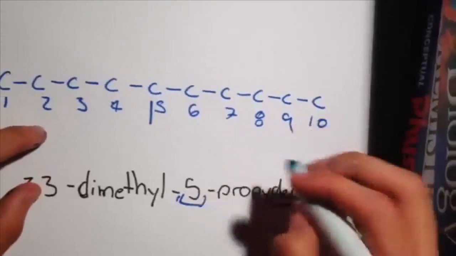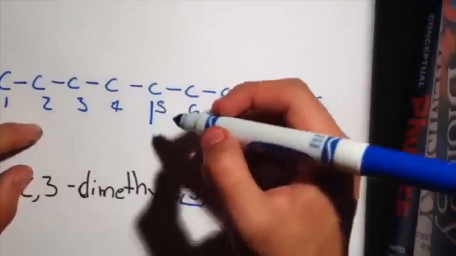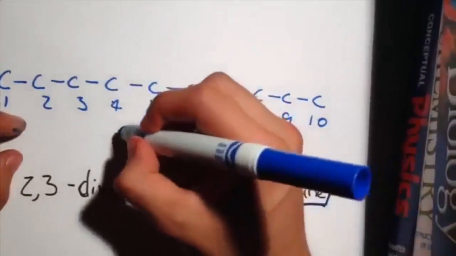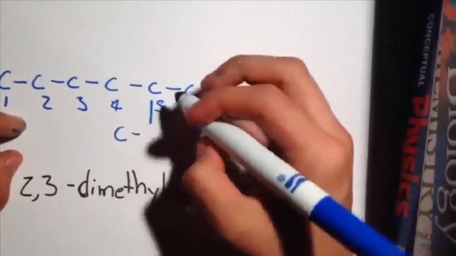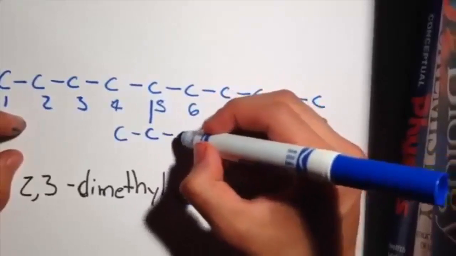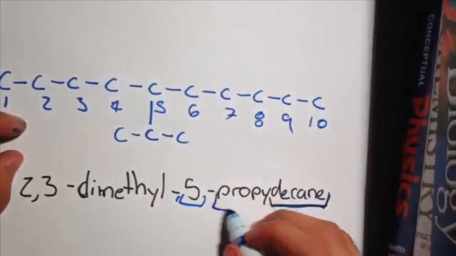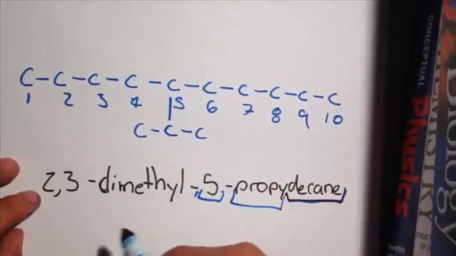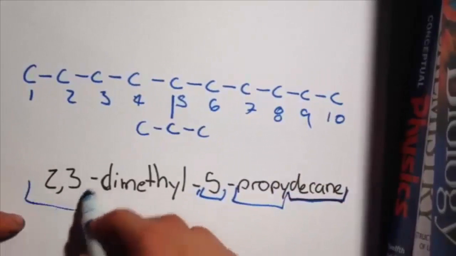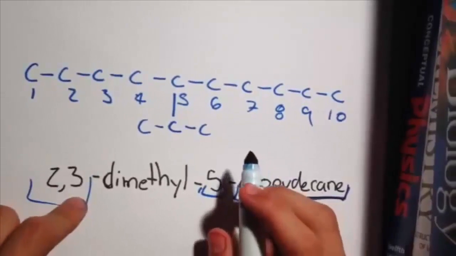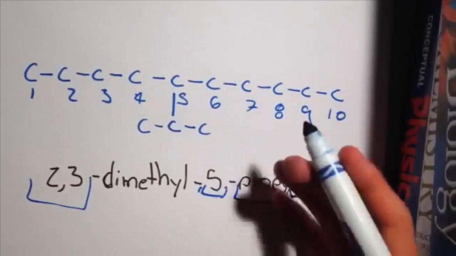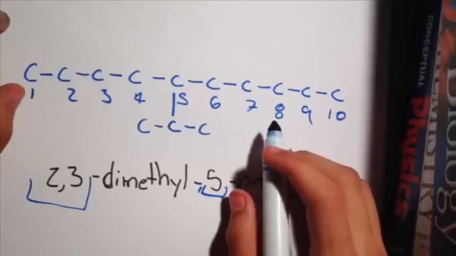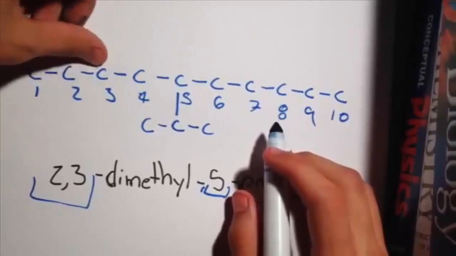Now, to draw an alkane from its name: in this case, I draw the chain and then put 3 carbons at the bottom because it's propyl. The next step is to view the numbers 2 and 3. That means there is something at 2 and 3.